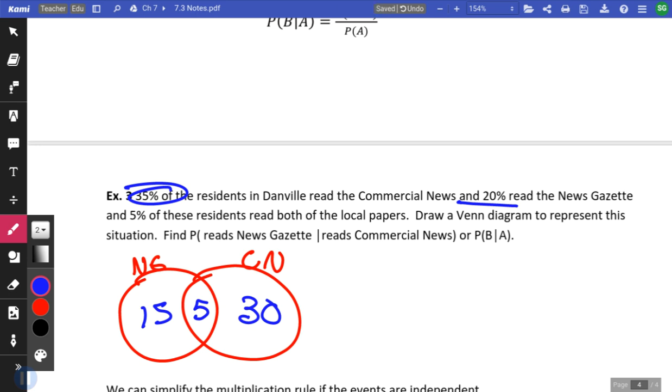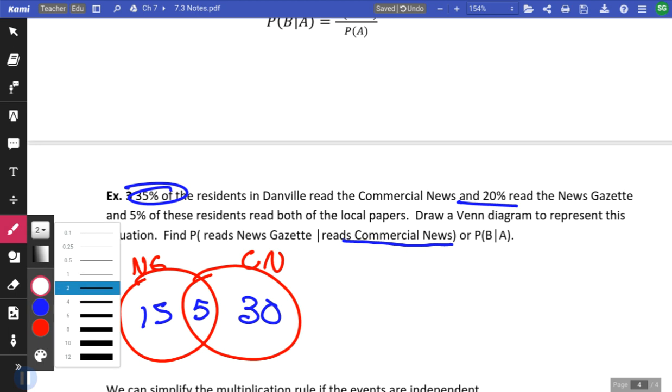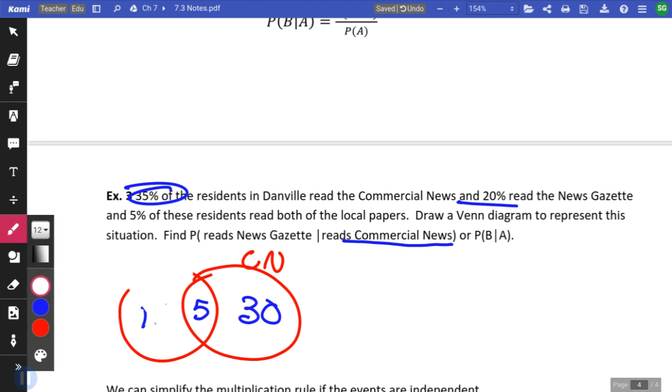Okay, drop in P of B: reads News Gazette given they read the commercial news. With a Venn diagram, this is fairly easy because we're only looking at the commercial news circle.